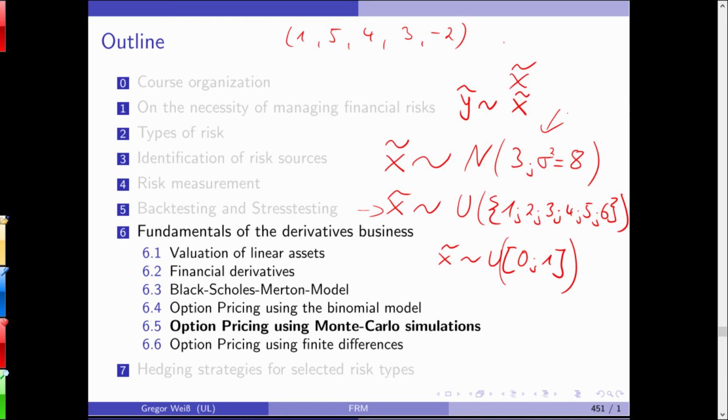And because this idea of generating a sample was first more or less observed centuries ago in gambling, it's called Monte Carlo simulation.